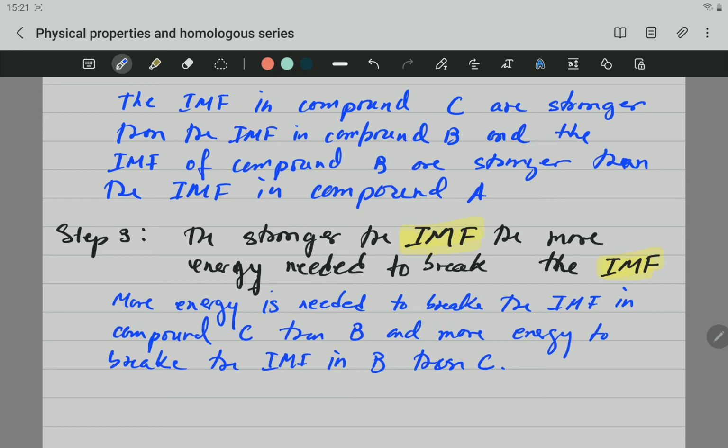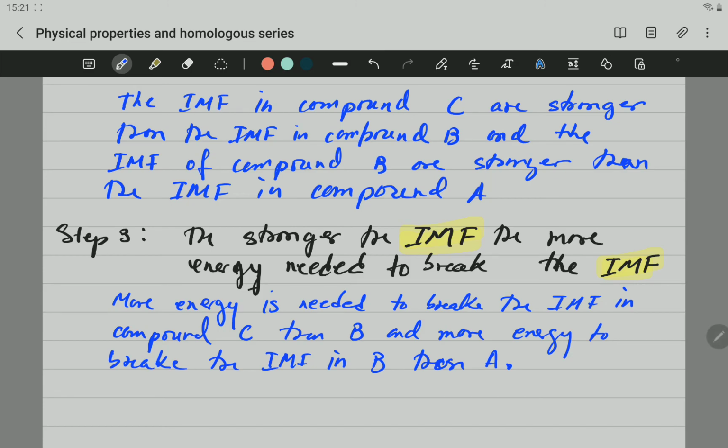More energy is needed to break the intermolecular forces in compound C than B, and more energy to break the intermolecular forces in B than A. That is a mistake I made here, it should be A. Sorry about that one. Please forgive me. Okay, so than A.